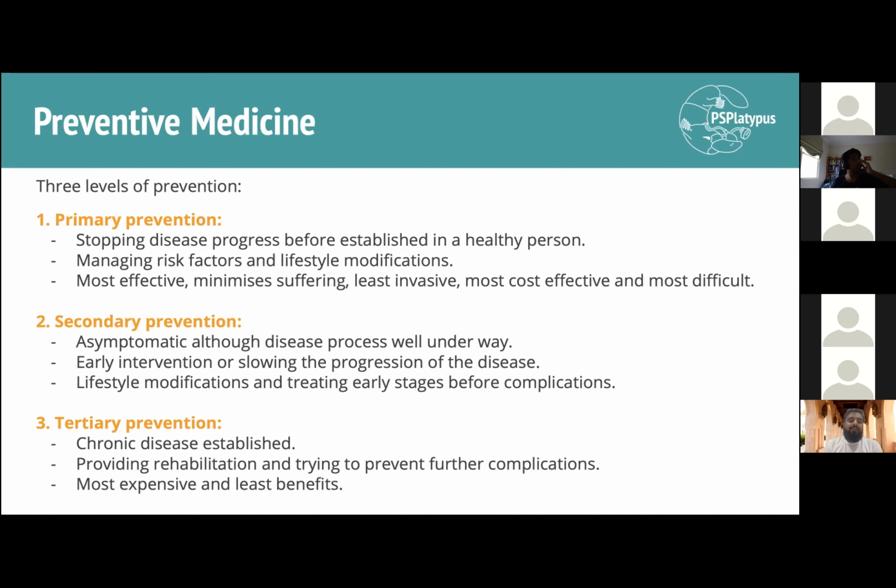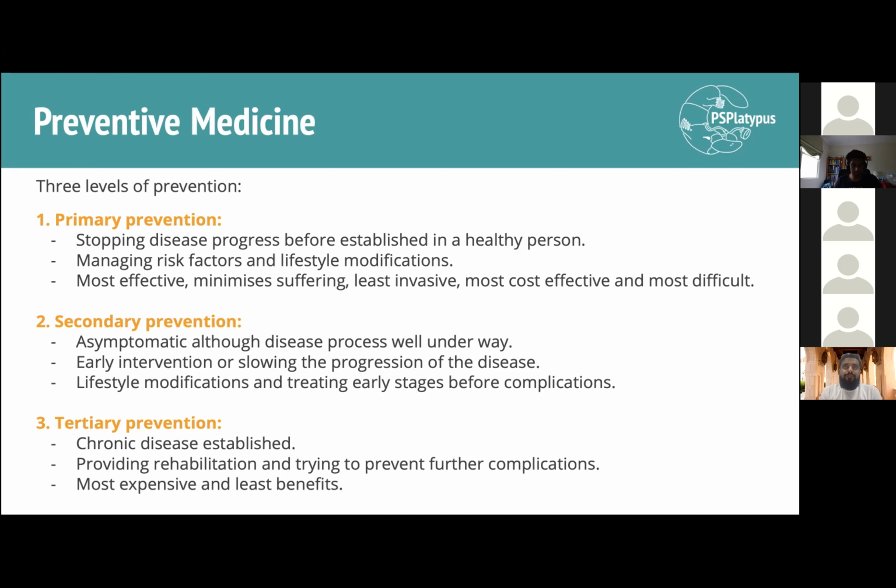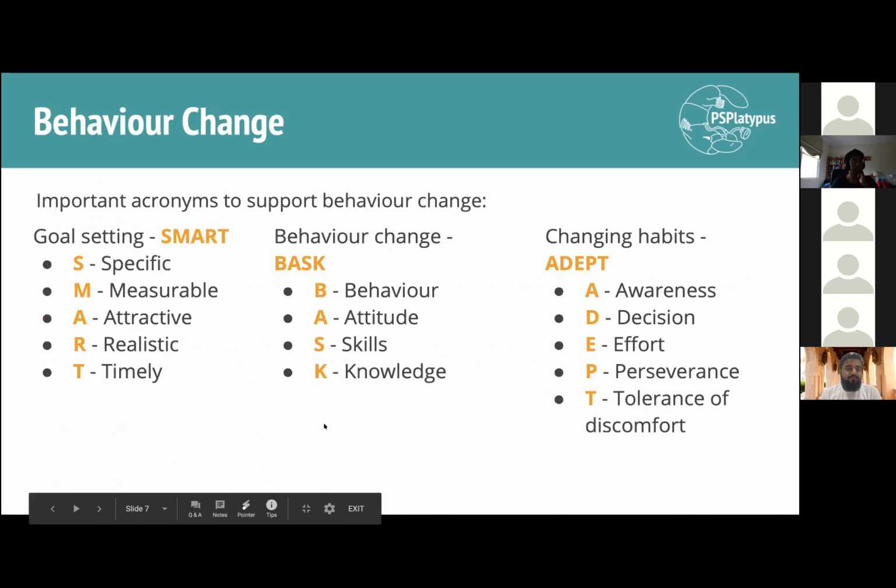Finally, we have tertiary prevention. Now we already have complications and chronic disease has been established. This can be achieved by providing rehabilitation to the patient and trying to prevent further complications of the disease. This one is the most expensive and has the least benefits.